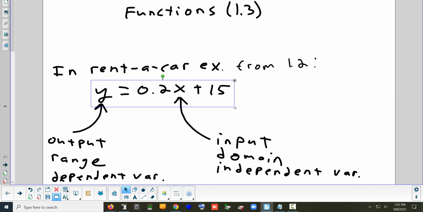You can call them the x and the y variable, but other names you might see for the x variable, it's called the input, the domain, or the independent variable. It's three names that all mean x. When you see range, output, or dependent variable, those names all mean y.